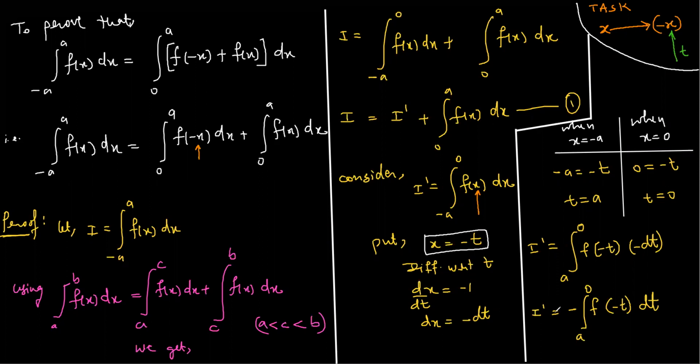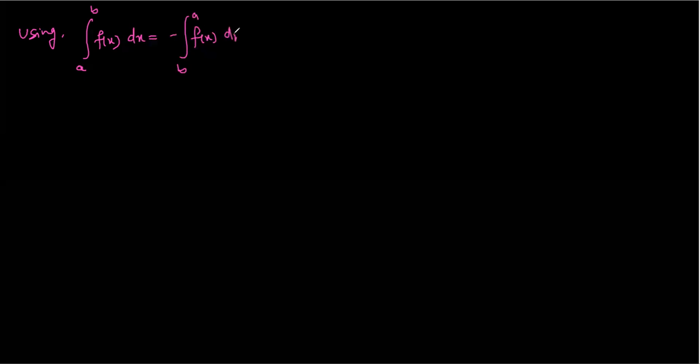And at this step, we will use the property where we invert the interval. It is a to 0, we will make it 0 to a. And when I make it 0 to a, I will put one more negative sign, because of which this will become positive. So I write here using a to b f of x dx is equal to negative b to a f of x dx.